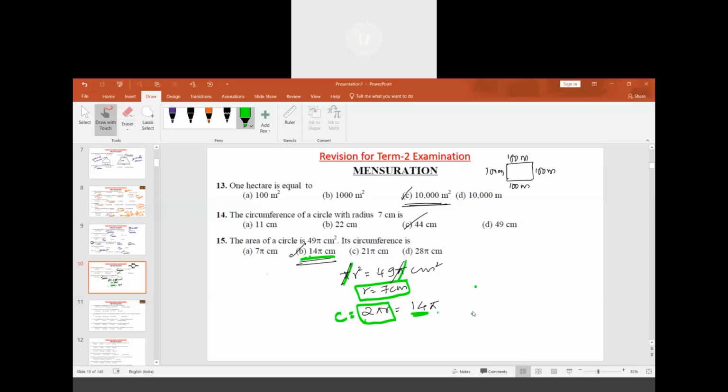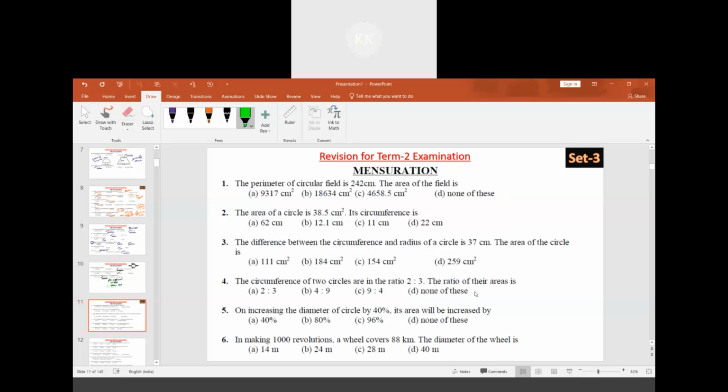That was set 2. Now set 3. The perimeter of a circular field is 242 centimeter. The area of the field is, they have given a circumference 242. We need to find the radius from this.